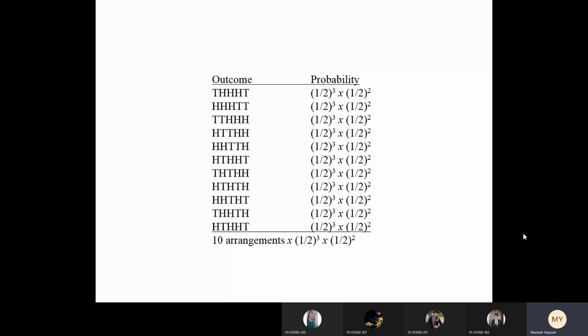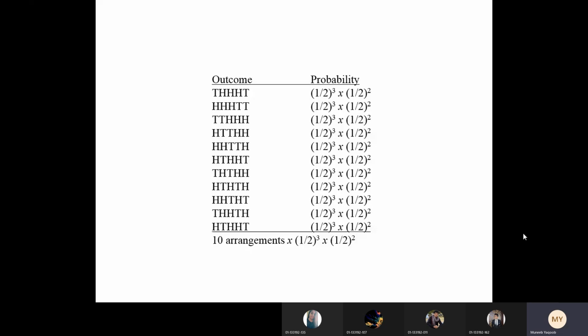But if we apply the formula for binomial distribution here, what could we say? We could say the probability of capital X equals 3 equals nCx p power x into q power n minus x, where obviously p is 1 by 2 and n is 5.